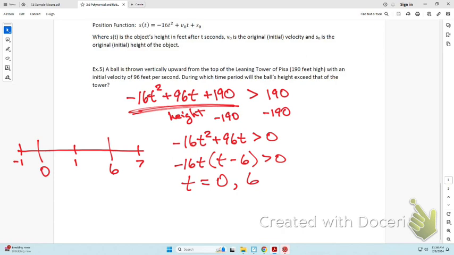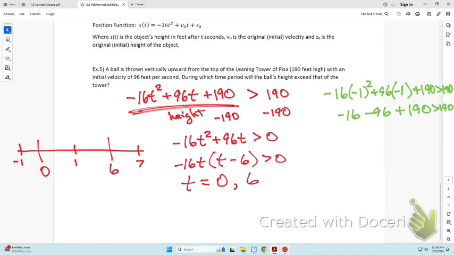So I'll use green. So that gives me -16 minus 96 plus 190. Is that possible?